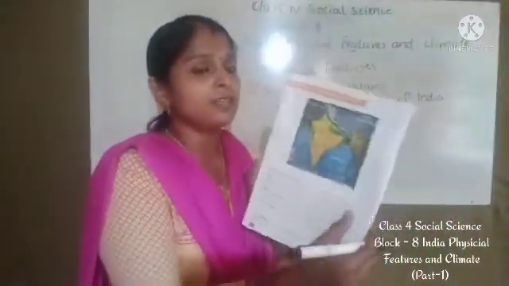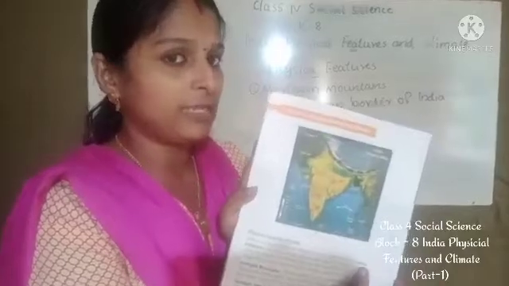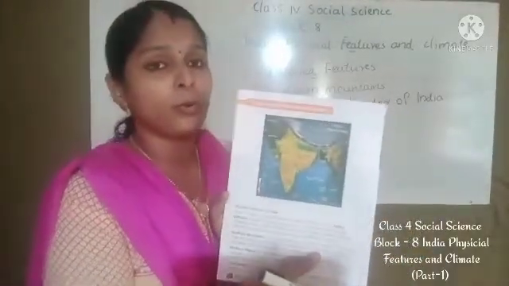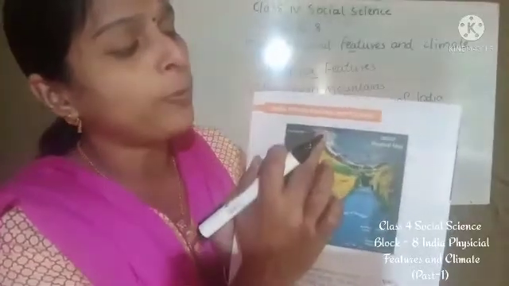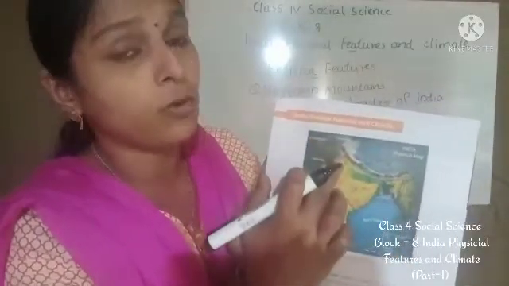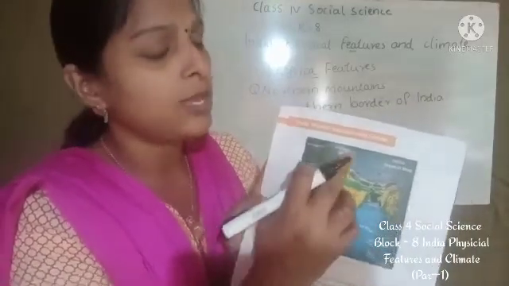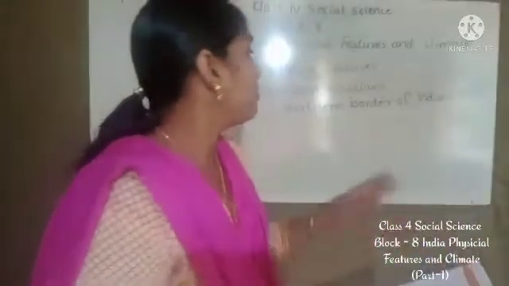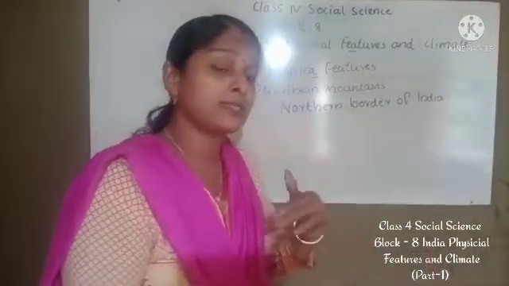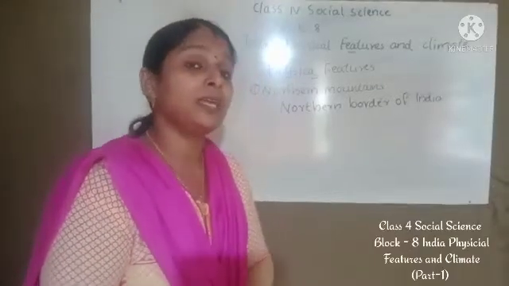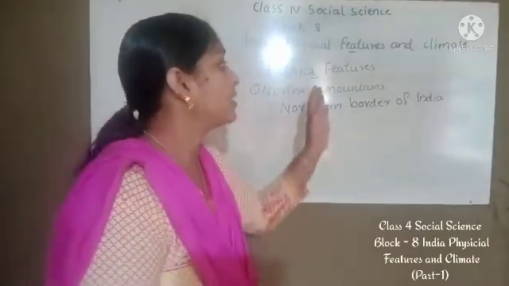Listen, children, this is the physical map of India. When we look at the physical map of India, where is the northern mountain? Yes, in the top part, the northern border of India, it is the northern mountain. Many of the largest peaks are situated in the northern mountain.